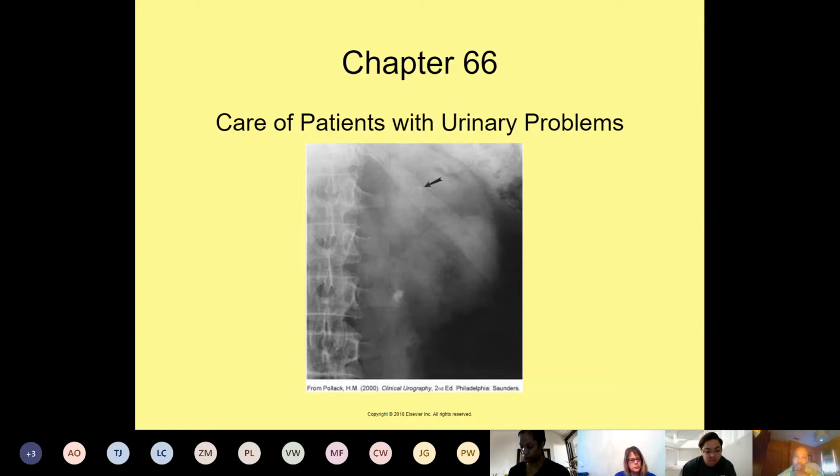They call this a KUB, which is kidneys, ureters, and bladder. It's a form of X-ray that provides an image of a stone within the urinary tract.